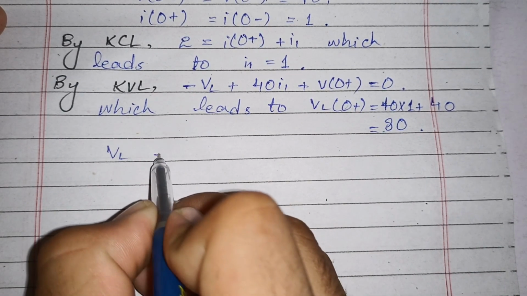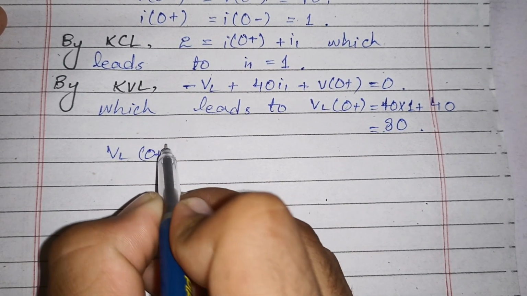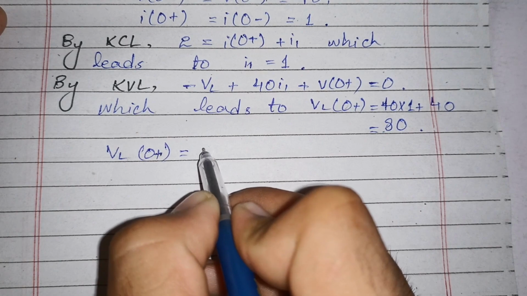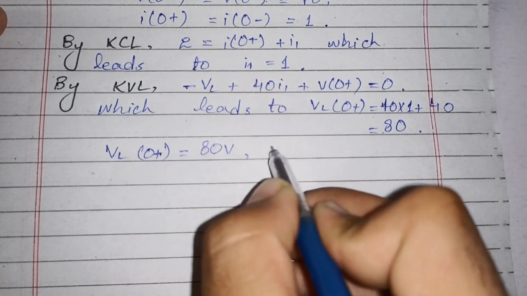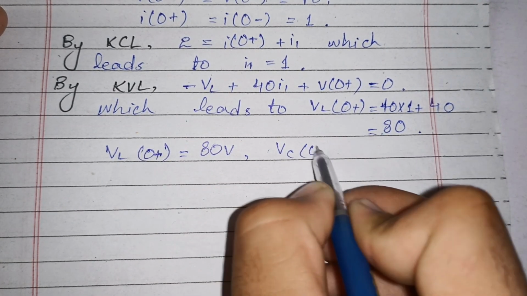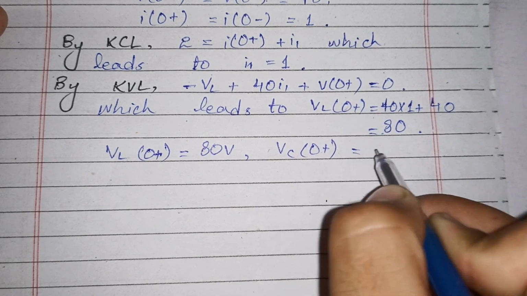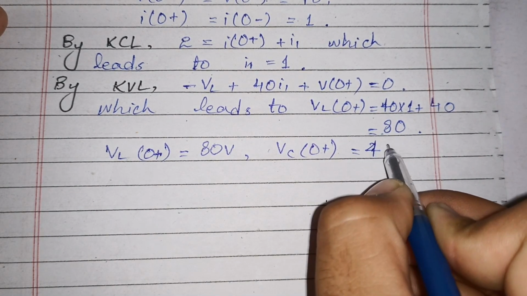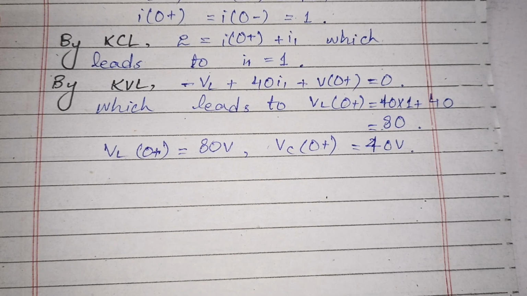So VL(0+) is equal to 80 volt and VC, the voltage across the capacitor, is 40 volt.